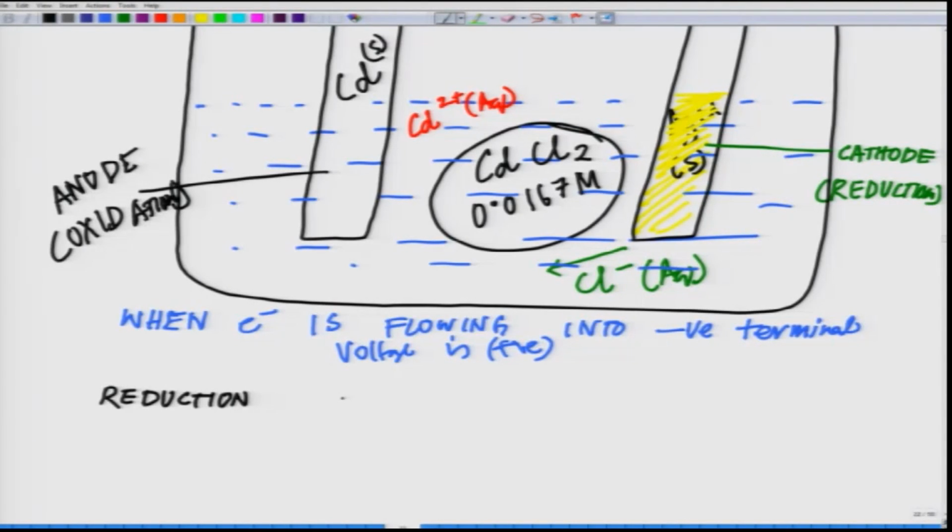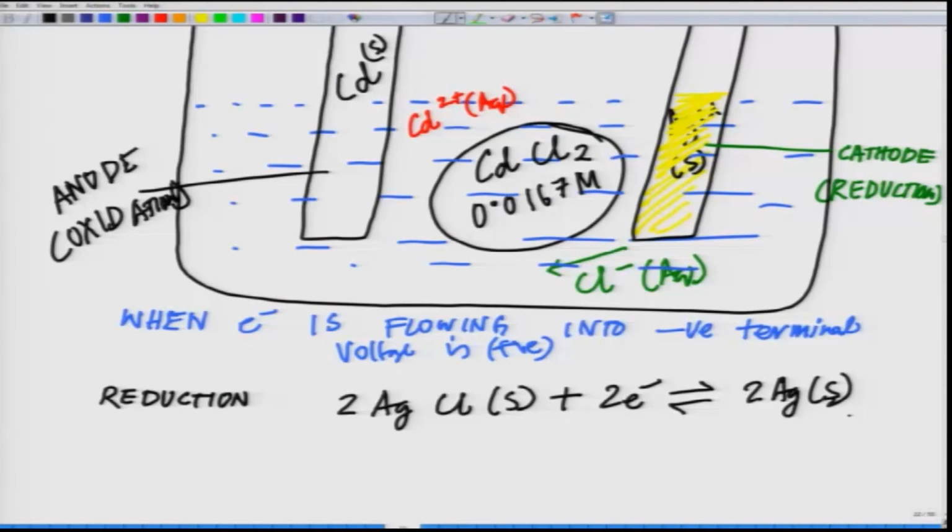So there is a reduction reaction where 2 AgCl, which is solid, and you have to always mention which is solid and which is aqueous, plus 2 electrons which are traveling from cadmium after cadmium getting oxidized, making 2 Ag, which is solid, plus 2 Cl minus, which is aqueous.